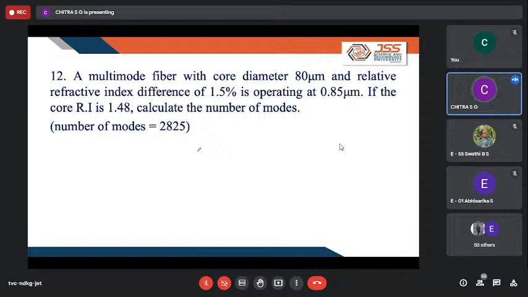So this will be your last numerical. A multi-mode fiber with core diameter 80 micrometer and relative refractive index difference, that is fractional refractive index change, of 1.5% is operating at 0.85 micrometer.